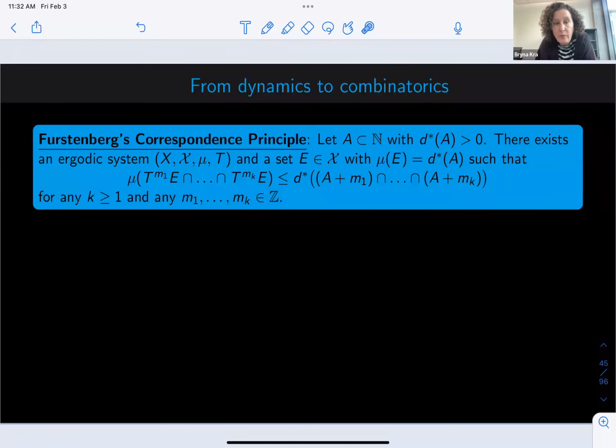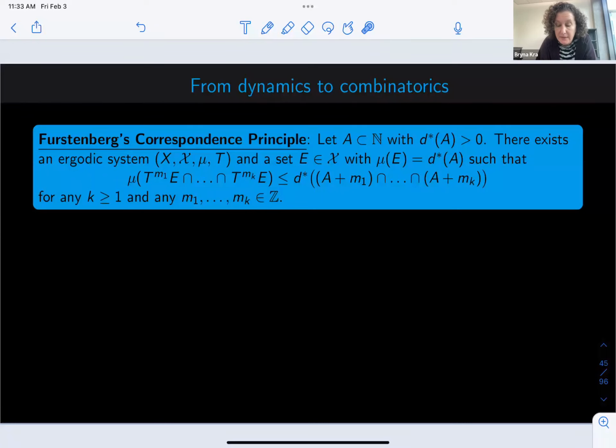Let's say you start with a set A in the integers with positive density. Then there is a system, and we can assume that it's an ergodic system, so it's a minor reduction, and a set E in that system that is going to pick up the behavior of the set A in the integers.